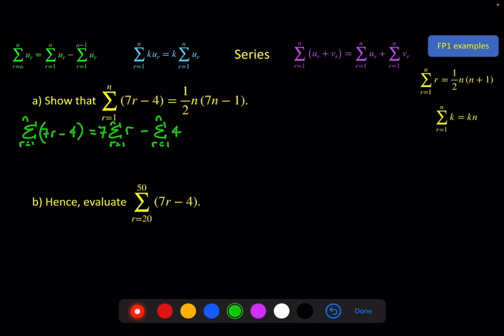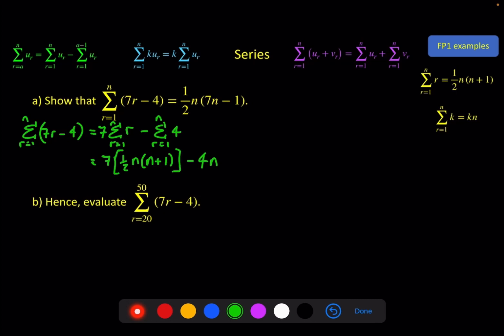And the 4 there. So then I've got 7 times the sum of r from 1 to n, which is just my formula, a half times n plus 1. We don't know what n is here, so we're just using the actual little n. Minus 4 from 1 to n, using this property, is just 4n. And now I just need to tidy it up.